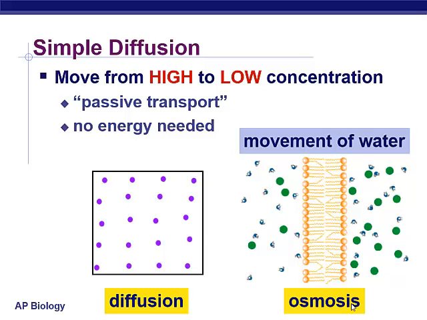Is that diffusion or osmosis? Diffusion. How do I get osmosis to happen? What is osmosis? Osmosis is the movement of water across a membrane to equal the concentration. Would they need a channel or any kind of energy? It doesn't have to require energy.